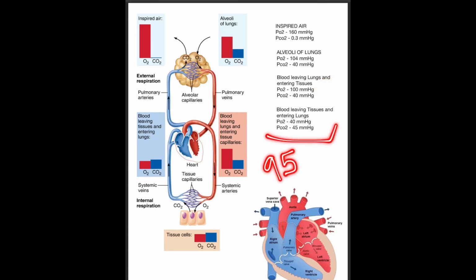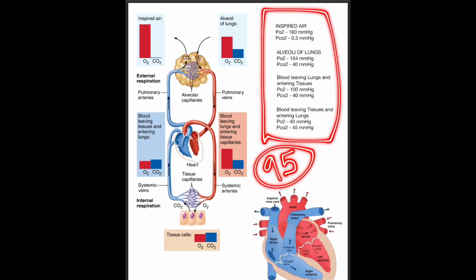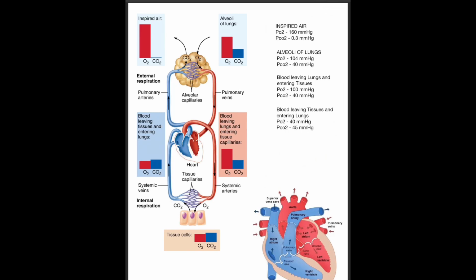Now we are only summarizing, so we don't have to go into that detail. The partial pressure of oxygen in the deoxygenated blood is 40.